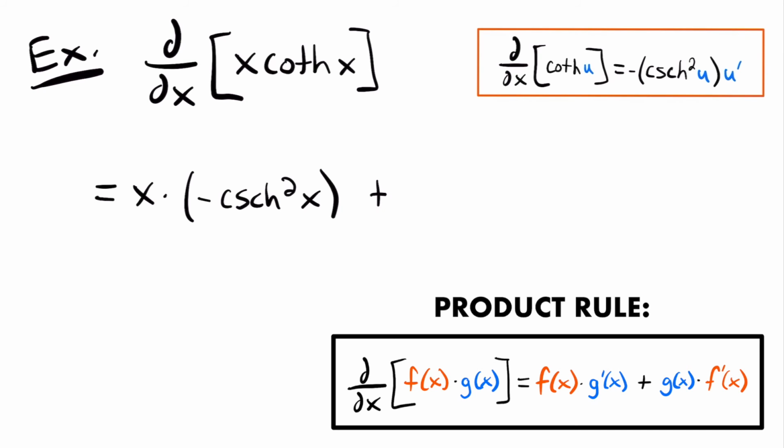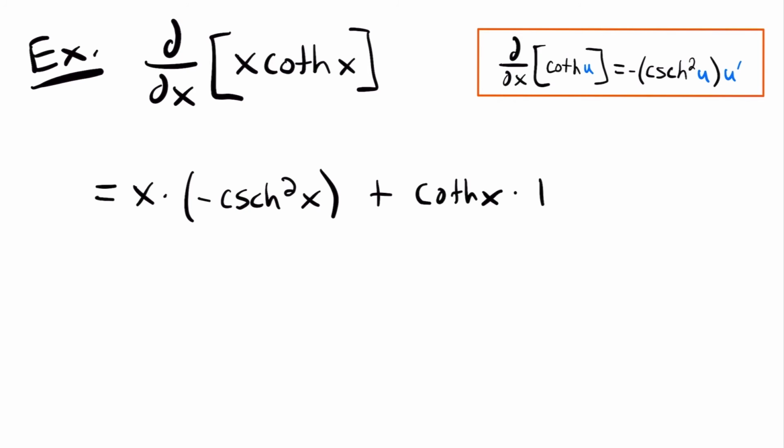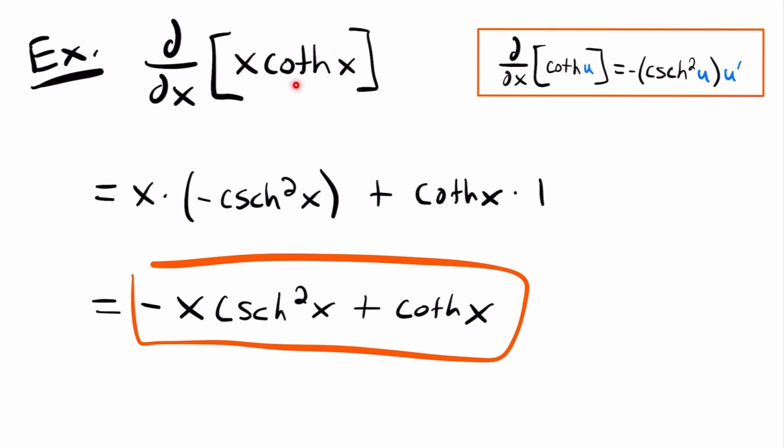And then we will add that to our second function, which is hyperbolic cotangent x, times the derivative of the first function, which is just x, and like we've been saying, the derivative of x is just 1, and so we'll multiply by 1. And so, if we simplify, this will be equal to negative x times hyperbolic cosecant squared x plus hyperbolic cotangent x. And that is the derivative of this function.